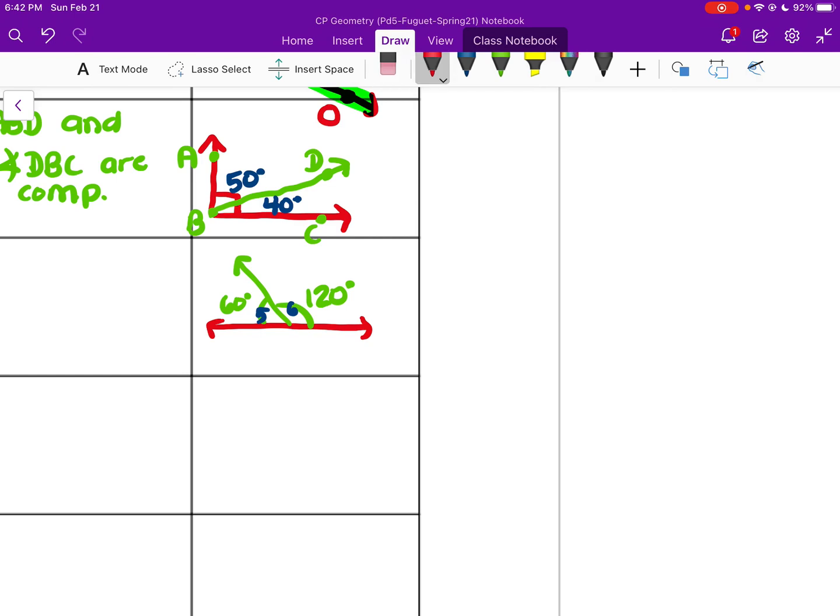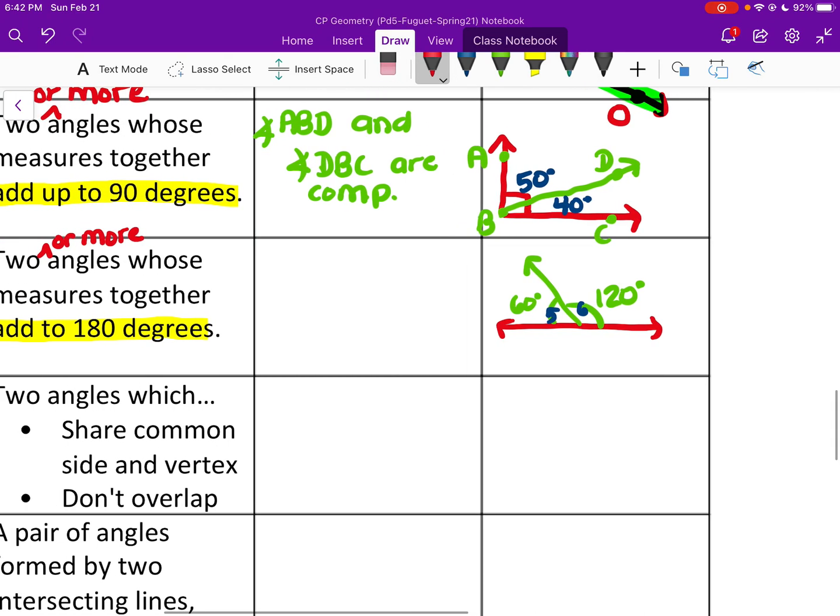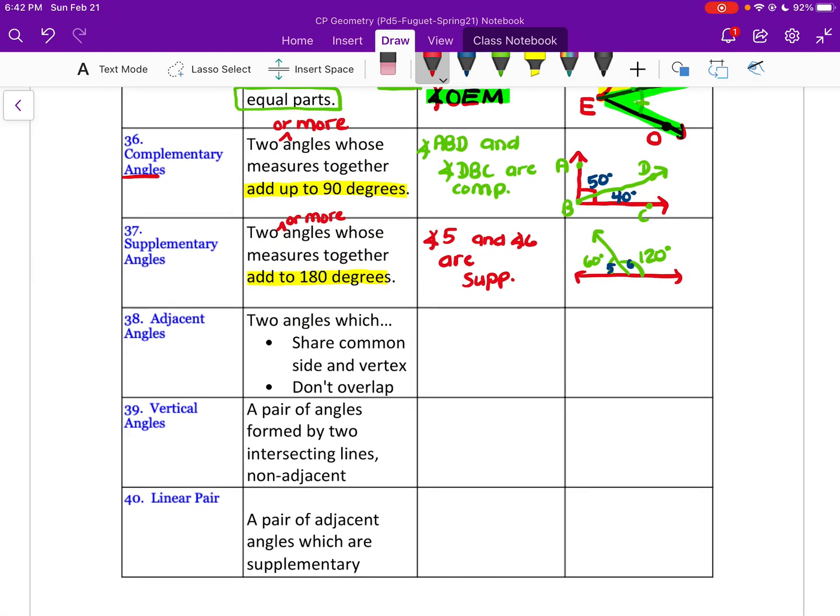So if they give us numbers, that's essentially a shortcut for naming angles. So we can say angle 5 and angle 6 are supplementary. So I'm going to just do SUPP.